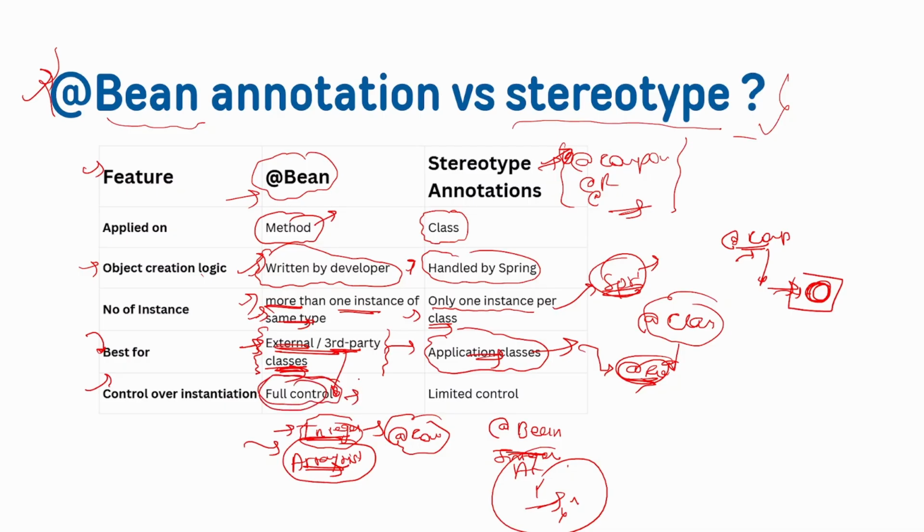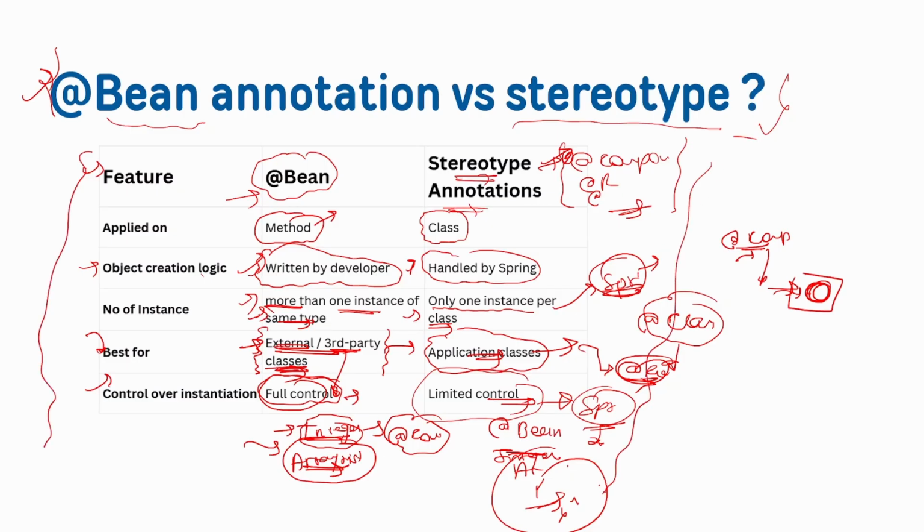But in the stereotype annotation, we have limited control. Spring will instantiate that object for us using the constructor. So these are some of the differences between the bean annotation versus the stereotype annotations.